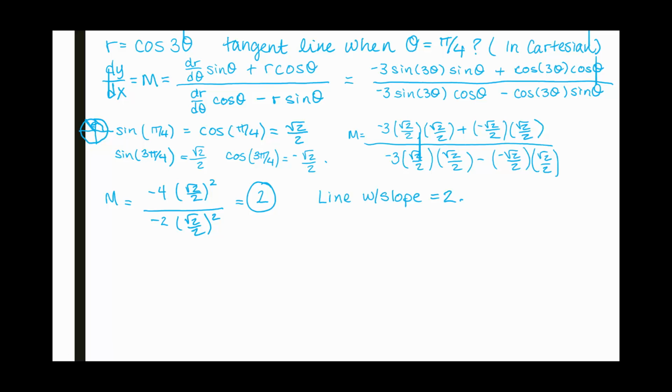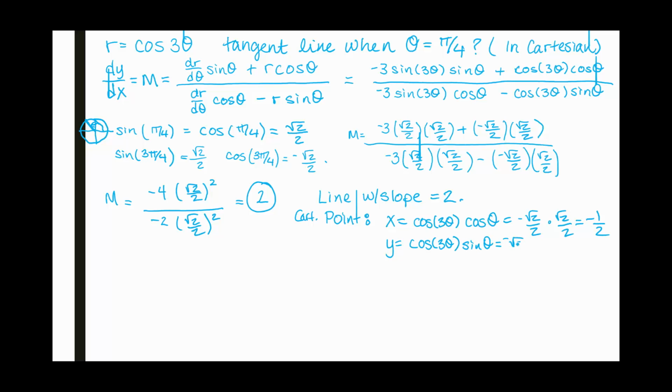Now I want to get the point. So I'm going to get the Cartesian point. Well, x would be r, so cosine of 3 theta times cosine of theta. In this case, that's negative root 2 over 2 times root 2 over 2, which is negative 1/2. And y would be cosine of 3 theta, the r value, times the sine of theta. So that's the same, negative root 2 over 2 times positive root 2 over 2.